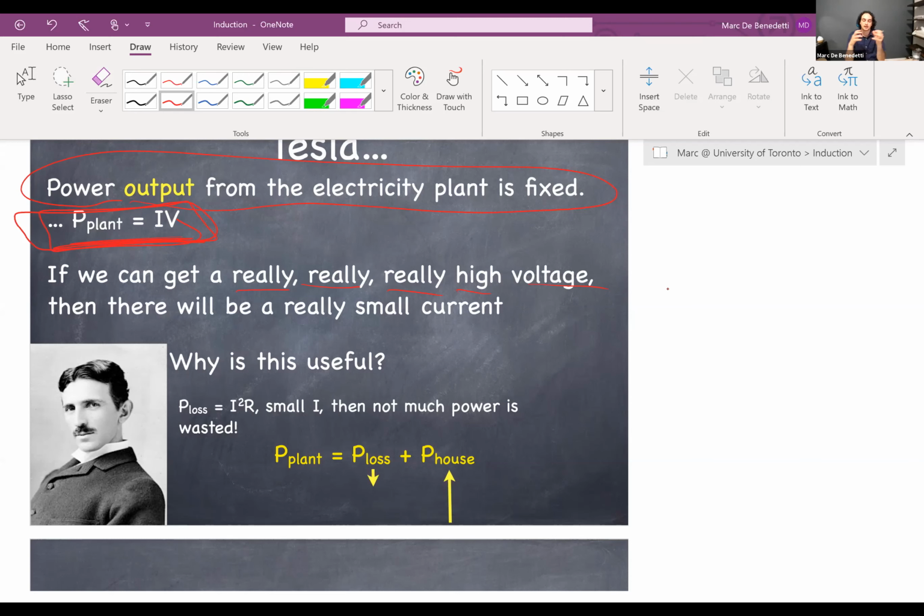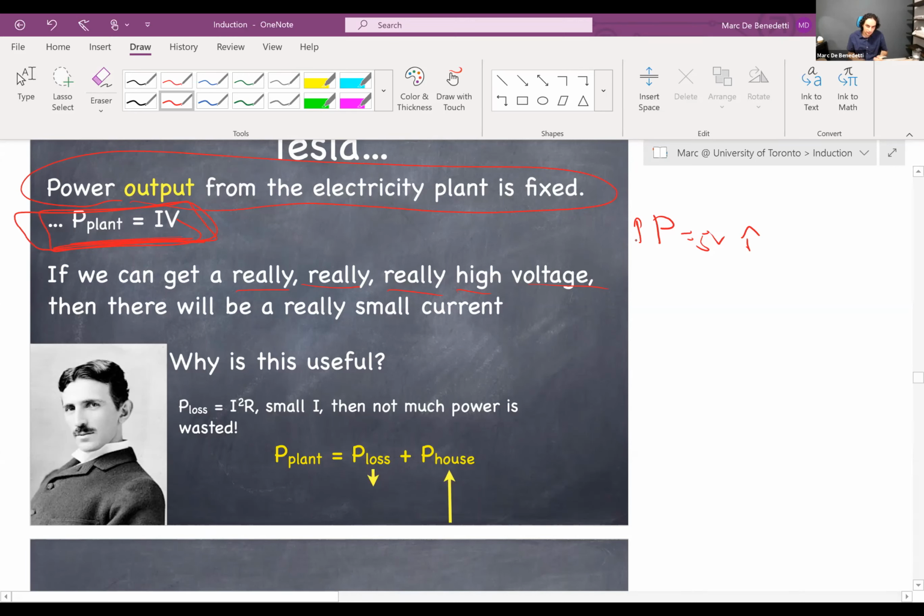Because normally you say, well, if you increase voltage, you're going to increase the power. Well, if the power output is fixed, you can only increase, P equals IV, right? You think, oh, Mark, if you increase voltage, you're going to increase power. Well, only if the power source is able to keep up.